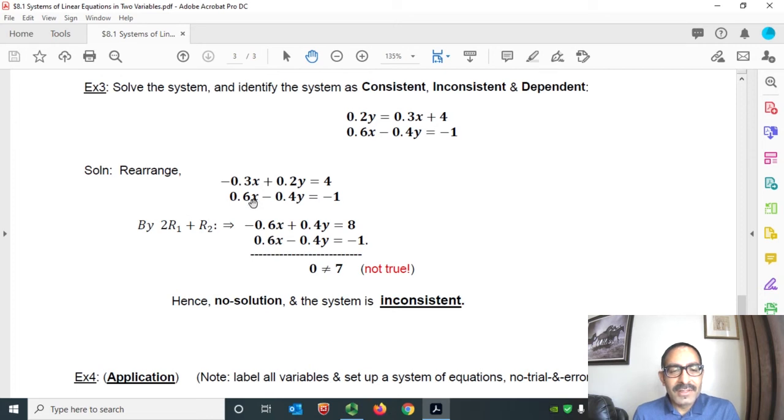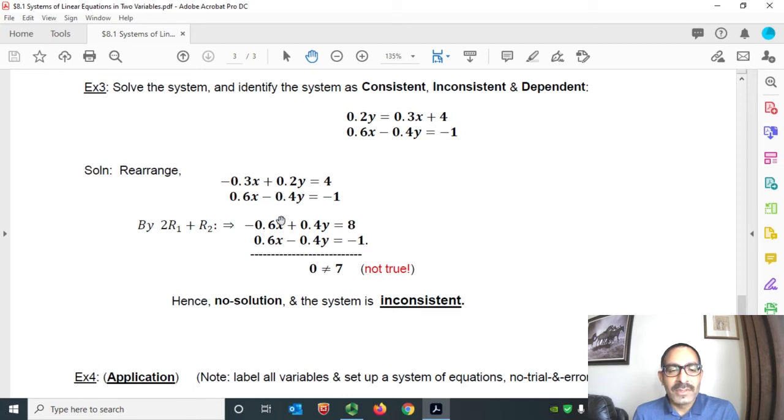Then to eliminate x, let's multiply the first equation by 2 and add it to the second equation. So this operation is 2 times row 1 plus row 2. Multiplying both sides of the first equation by 2 becomes minus 0.6x plus 0.4y equals 8, and the second equation stays as it is, 0.6x minus 0.4y equals minus 1.